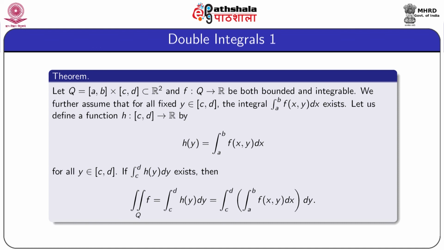We define a function h from [c,d] to R by h(y) equal to integral a to b f(x,y) dx for every possible y. If integral c to d h(y) dy exists, then integral of f over Q equals integral of c to d h(y) dy equals integral c to d integral a to b f(x,y) dx dy.